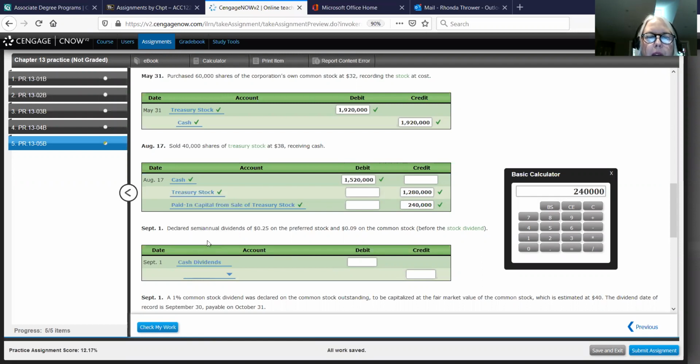We're not going to pay these dividends until later. When we're declaring the dividends, we're creating a liability for those dividends, which is cash dividends payable. And from the Excel spreadsheet, we got the amount of $95,200.